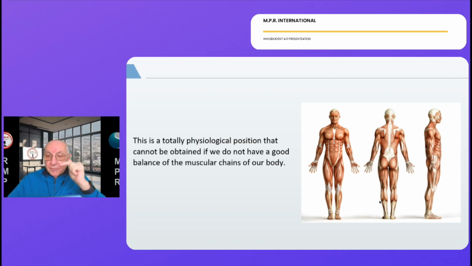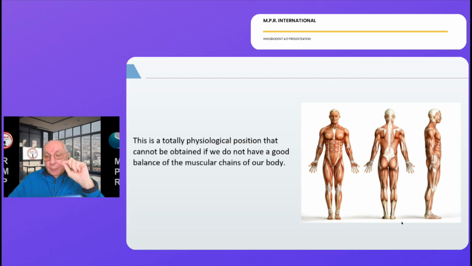Therefore, obtaining this ideal vertical dimension requires an interdisciplinary evaluation and often a global approach to neuromuscular reeducation, which includes addressing cranial, postural, and systemic factors.